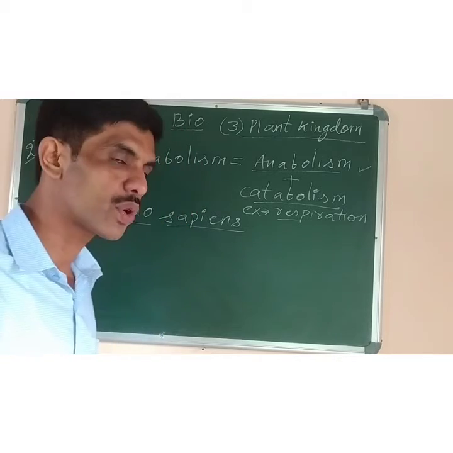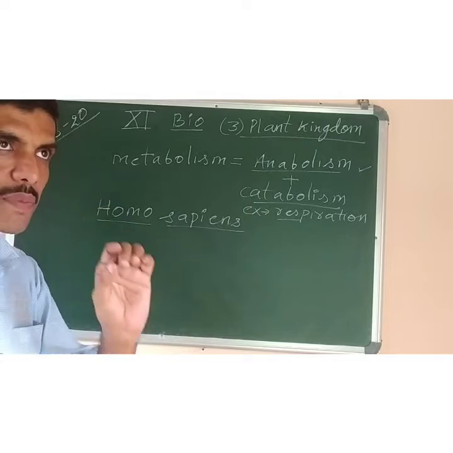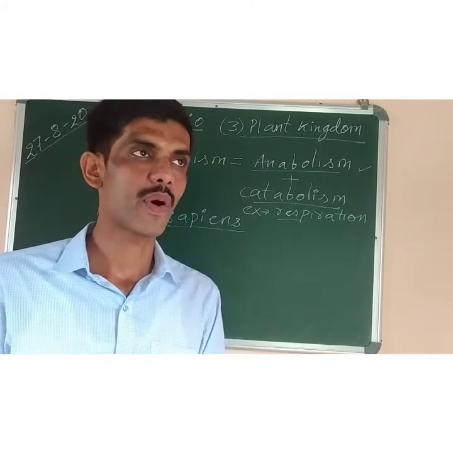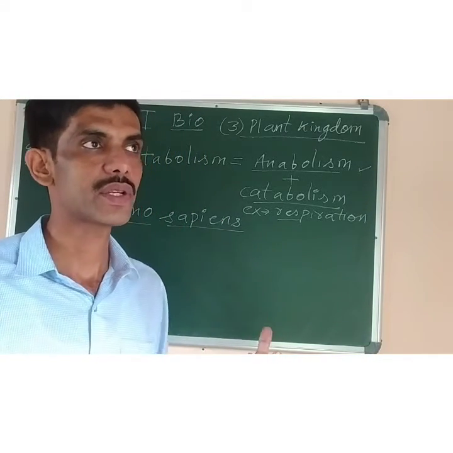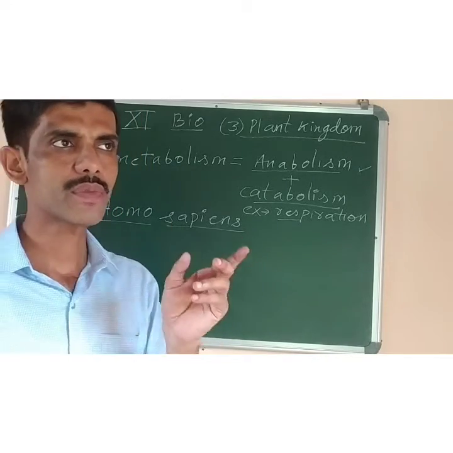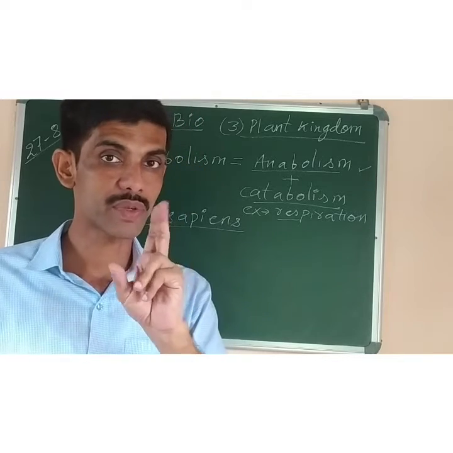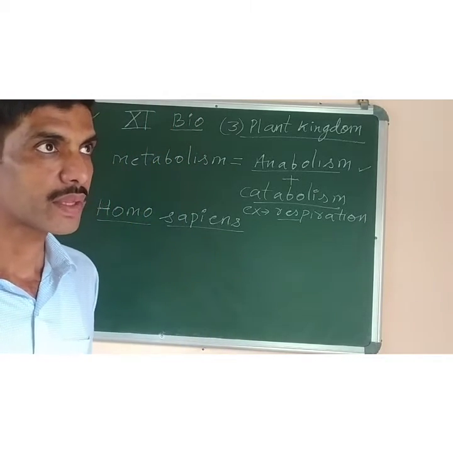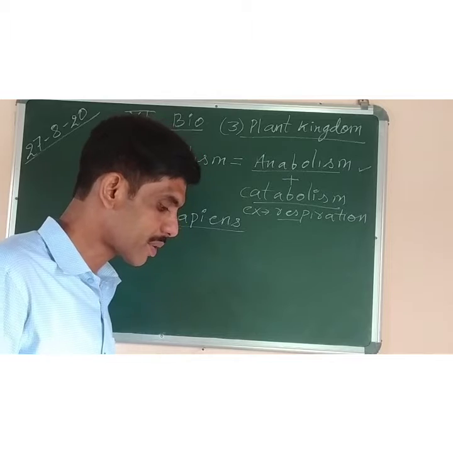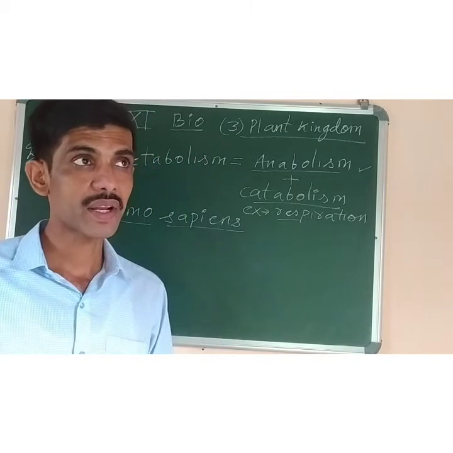Now, what are taxonomic categories? Taxonomic categories refer to the names given to the different groups of organisms, starting from the highest group, which is known as kingdom. So the entire living world is classified into two kingdoms, either plant or animal kingdom, in the two kingdom system of classification. Then they are further subdivided into species, genus, family, order, class.